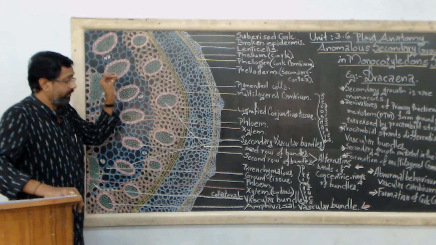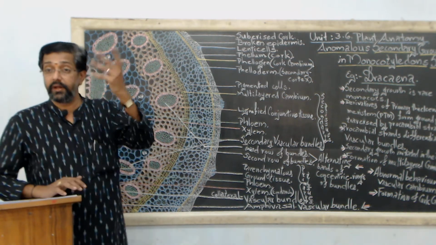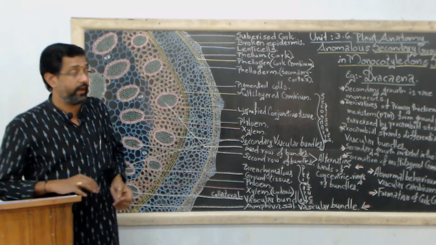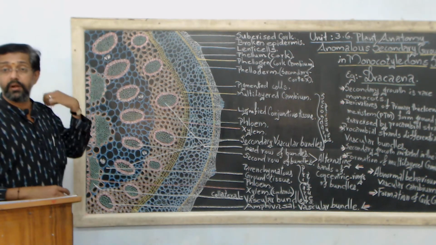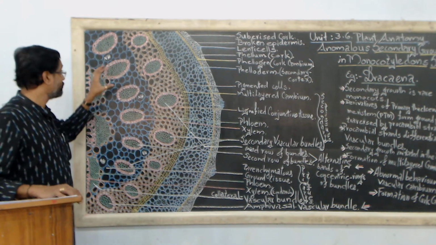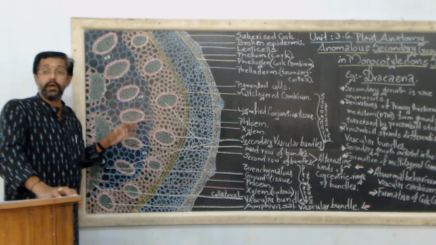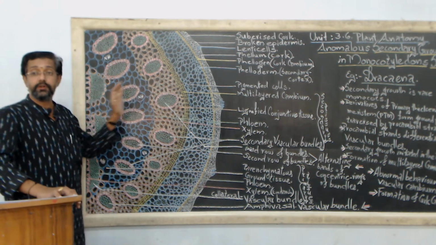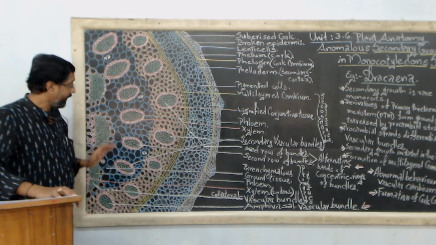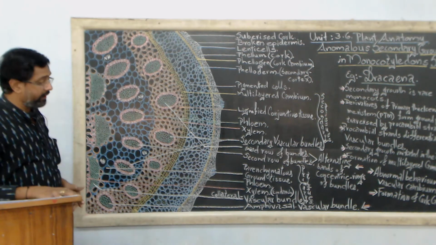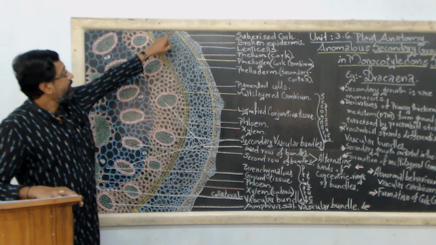And such vascular cambial strips become multi-layered in nature, which leads to the development of a larger number of vascular bundle-like structures in the outer region to the early formed or primary vascular bundles. Okay, so here in the structural differentiation, what we can see is the outer region.